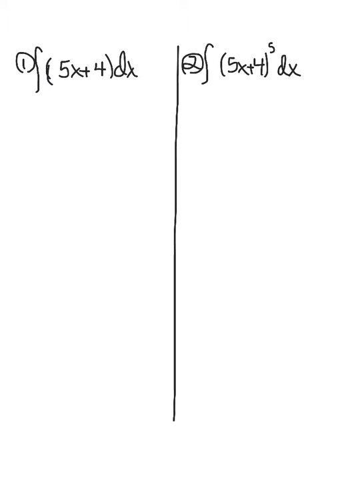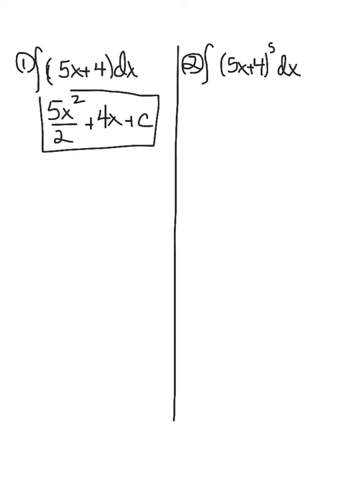All right, so if we look over here on the left, the 5x plus 4 is going to become 5x squared over 2, plus 4x plus c. And that would be our answer for the left-hand side.